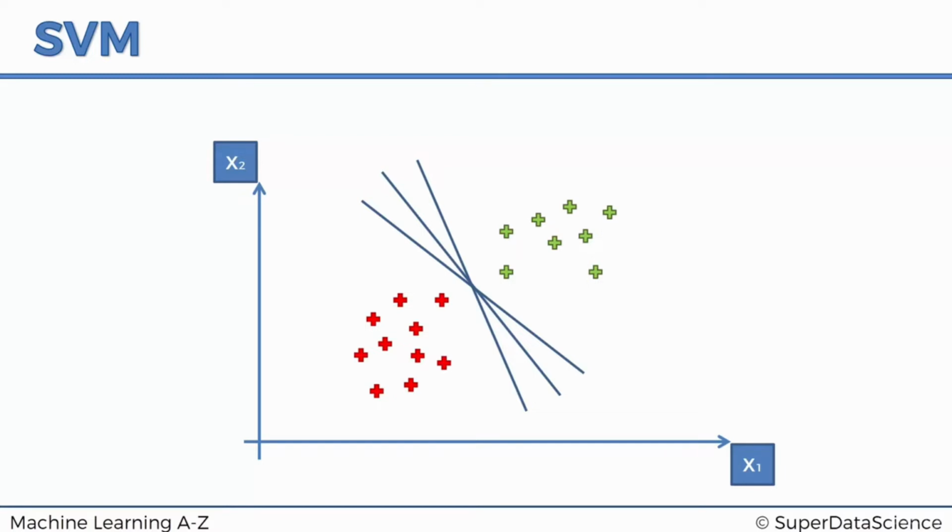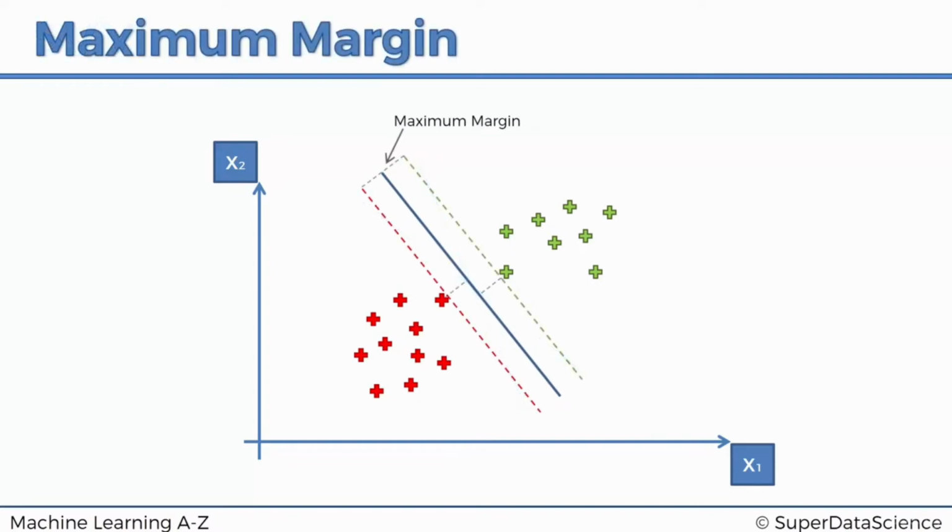So let's find out how the SVM actually searches for this line. Well, the line is searched through the maximum margin. So here you can see a line, and this is the line an SVM would draw. Basically it's the line that separates these two classes of points, and at the same time it has the maximum margin, which means this distance.